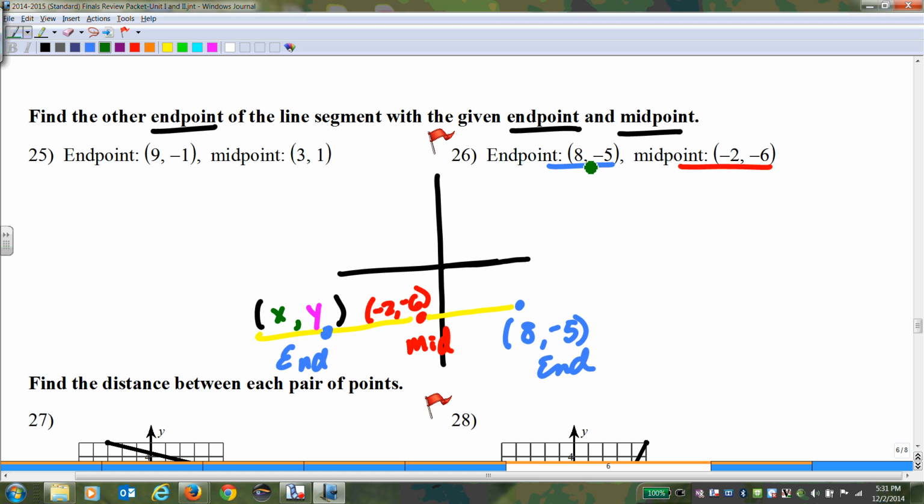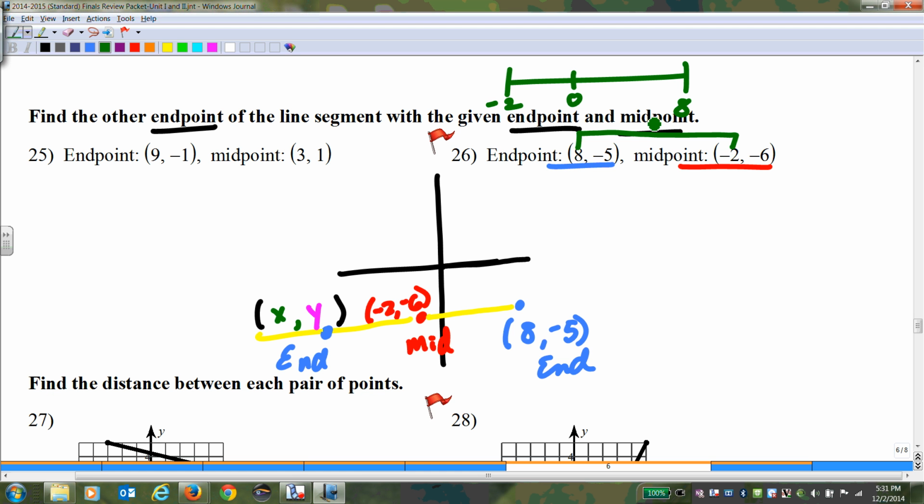Let's solve for that x first. Ready? I'd like you to put a bracket from 8 to -2 and ask yourself, what's the distance in units? Think of a number line. If you were to start at 8 on a number line and go down to -2, remember you're going to pass 0 there.